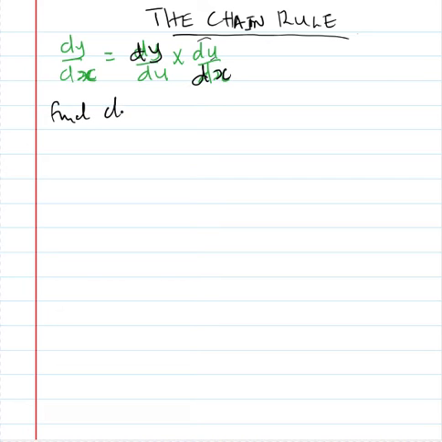Find dy/dx. Our first one will be y is (3x minus 2) to the power of 7. Now this chain rule mainly saves time.